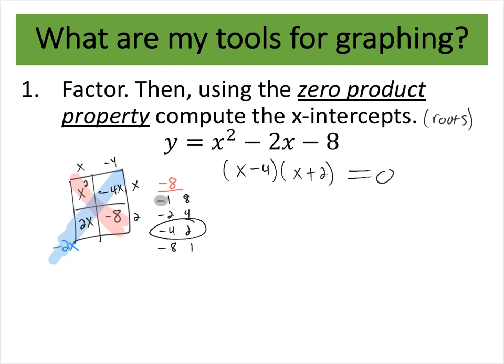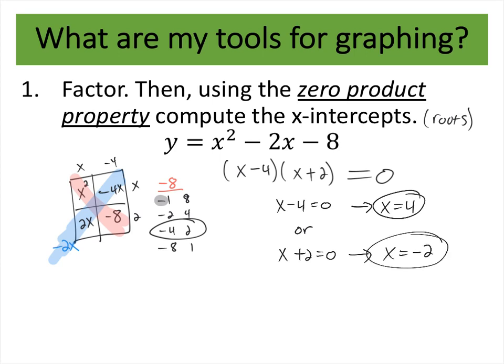If we set it equal to 0, we can use the zero product property to decide either x minus 4 equals 0 or x plus 2 equals 0, which implies that x equals 4 or x equals -2. That's really helpful because on a grid, we can see the x-intercept of 4 is a root, and x equals -2 is a root.